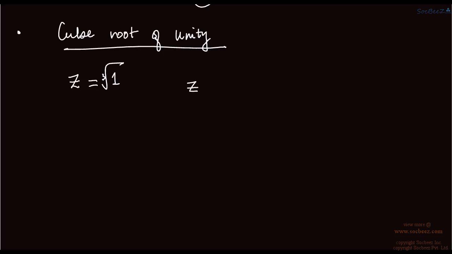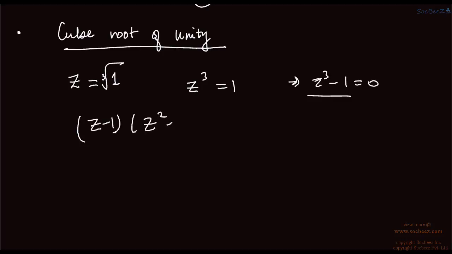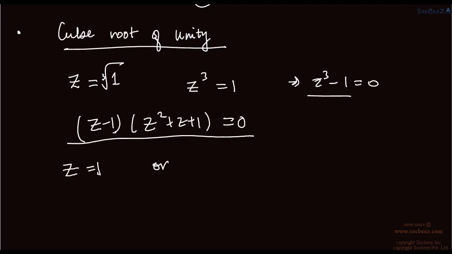So z cube is equal to 1. This implies z cube minus 1 is equal to 0. We can factorize this, which gives us z minus 1 and z square plus z plus 1 is equal to 0. Fine. So this gives us that z is 1 or two more roots, which are called omega and omega square.